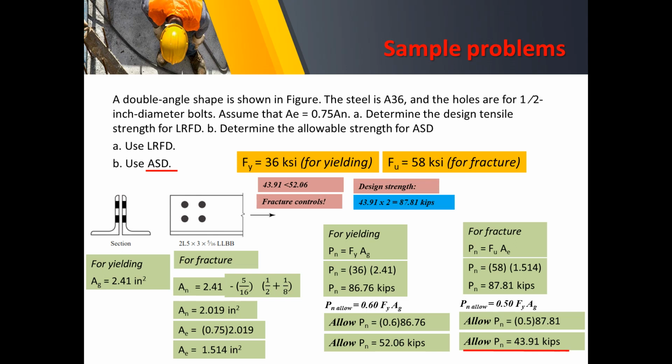We choose that lower value and multiply it by 2. Again, we double that because we have here the double angle or the built-up section. Therefore, we have 87.81 kips as our allowable strength for that built-up section.